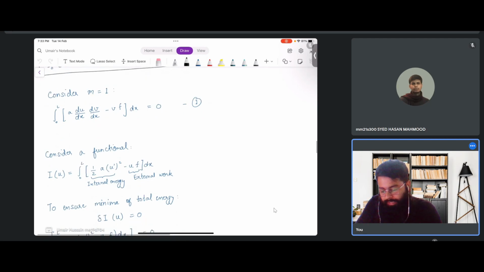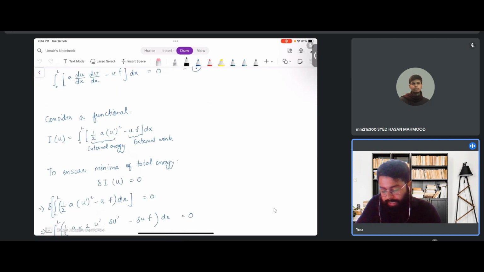And then if we consider this function I(U), I(U) is basically defined as these two quantities, where the first quantity is nothing but the internal energy. If you understand the analogy of an axial bar, it is half A times the square of the first derivative of displacement.